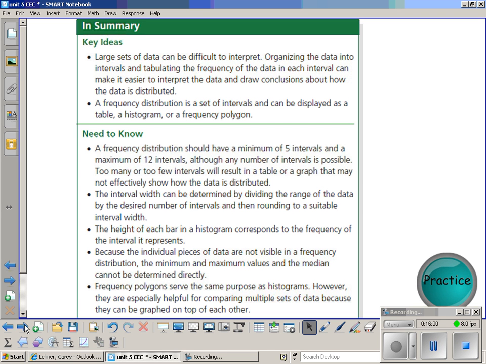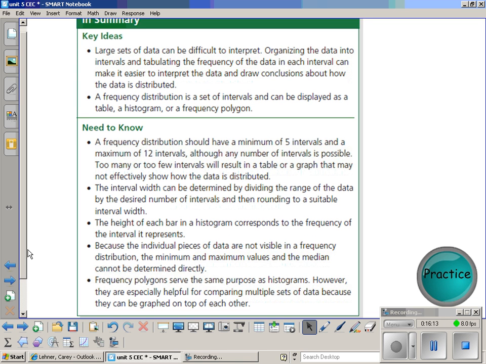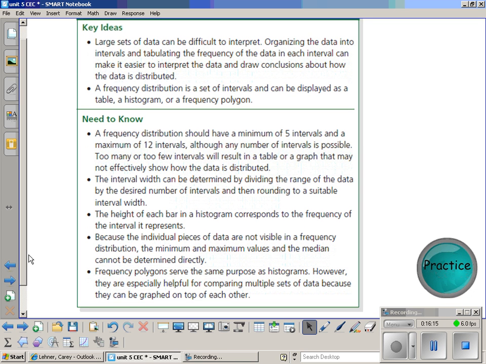It's just that too many or too few will result in a table or graph that may not effectively show how the data is distributed. Determining your interval width you can do by dividing your range of data and then rounding to a suitable interval width. The height of each bar in a histogram corresponds to the frequency of the interval it represents.